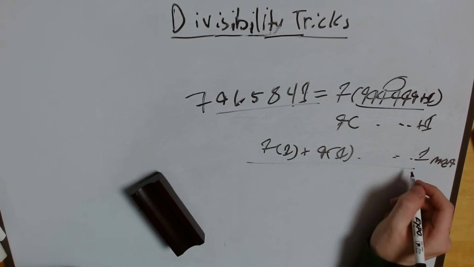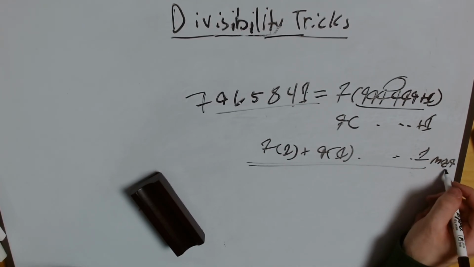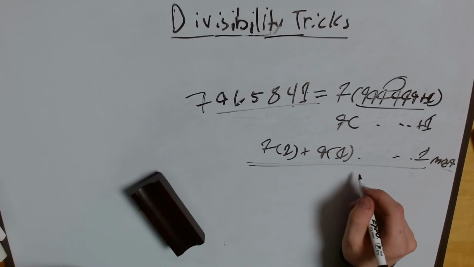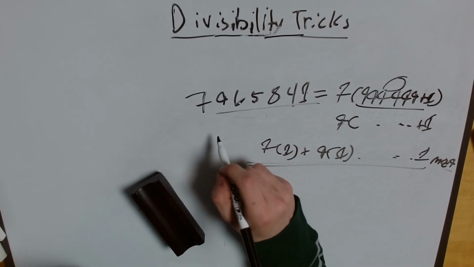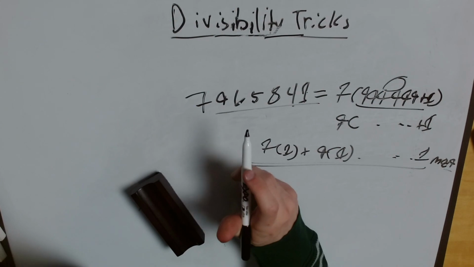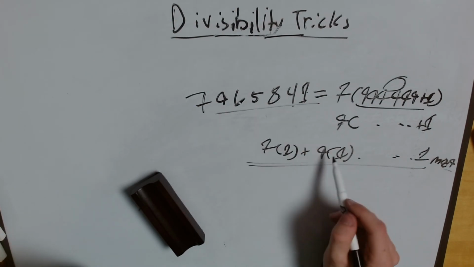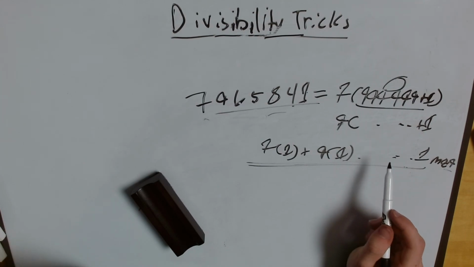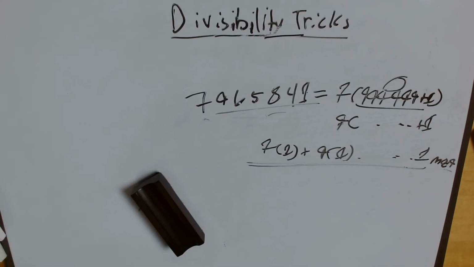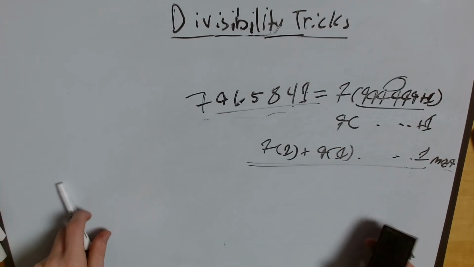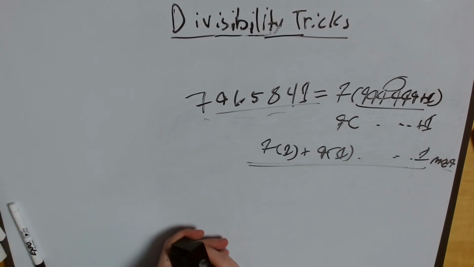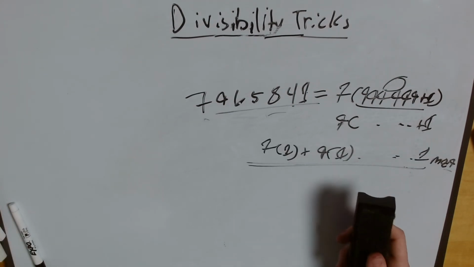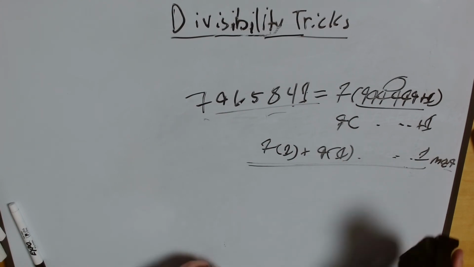And if this whole sum is divisible by 9, this becomes 0, and I'll know that this number is divisible by 9. If not, it's not. And as you can see, this right here is equivalent to the sum of the digits in this problem. So, using this modular arithmetic, we know if the sum of the digits in my problem are divisible by 9, then my number is divisible by 9.